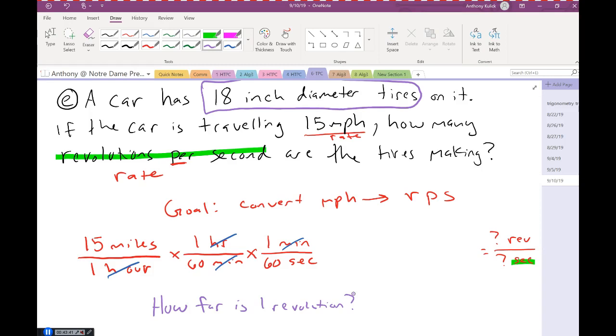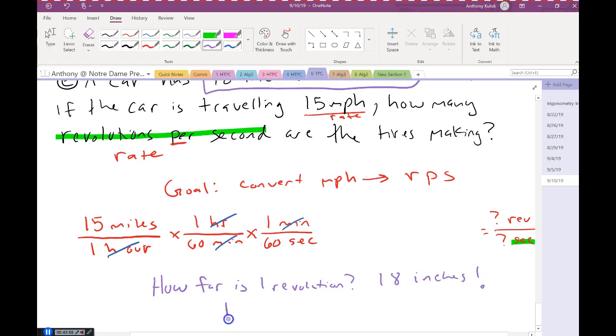If you rotate your wheel 1 time, how far did that wheel go? 18 inches. Everybody okay with that? So I know 1 revolution equals 18 inches.